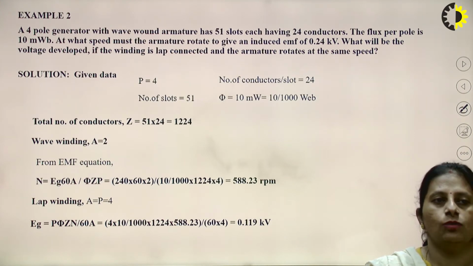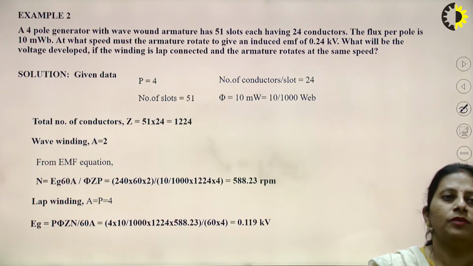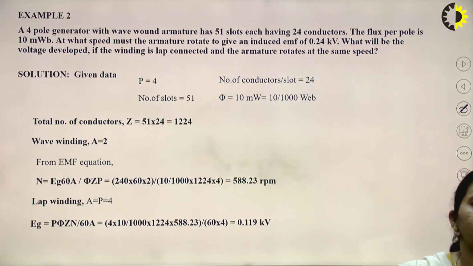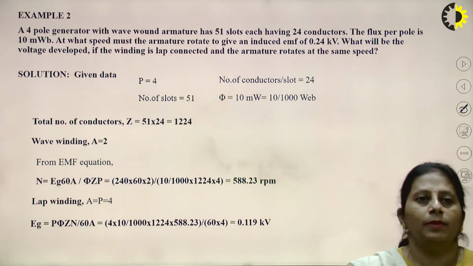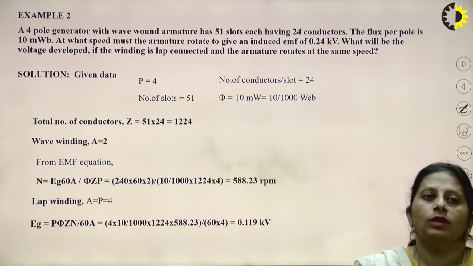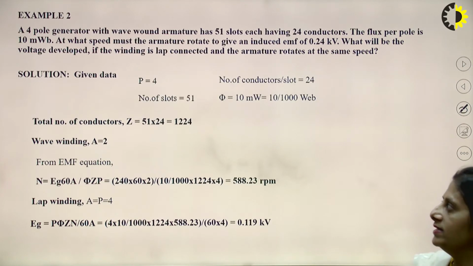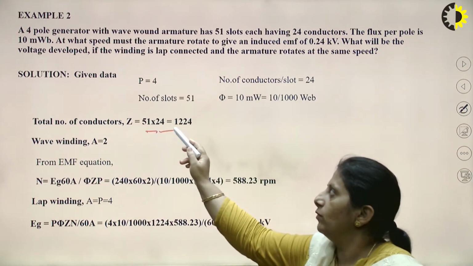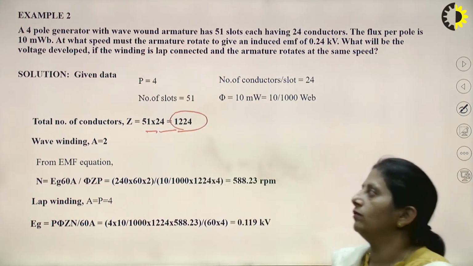If we go with the given data, the number of poles is 4, the number of conductors per slot is 24, and the number of slots is 51, right. The flux is 10 milliweber. The total number of conductors would obviously be 51 slots, each slot having 24 conductors, so that is 1224 conductors.